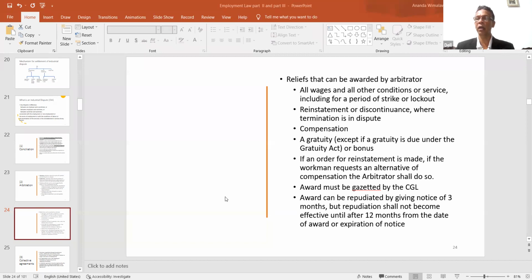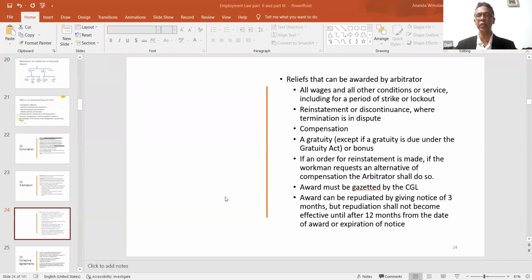The arbitrator will give an order or make his award to reinstate the worker, but the worker may not like it. The worker may say to the arbitrator, no, I don't like to work with this employer once again. Then in such cases, instead of reinstatement, there is a compensation formula, right? Compensation can be granted or awarded as an alternative. Okay. Next.